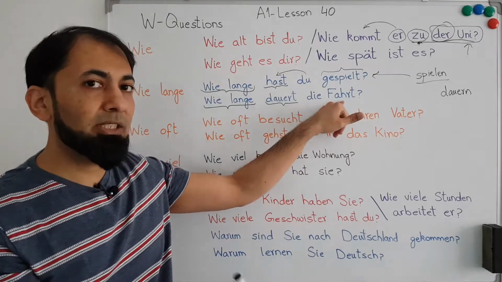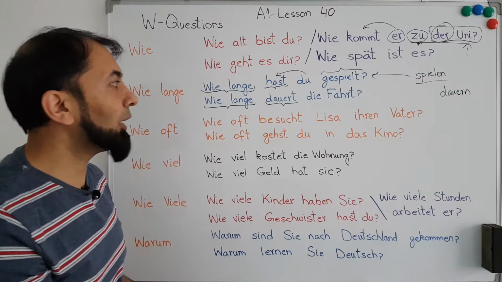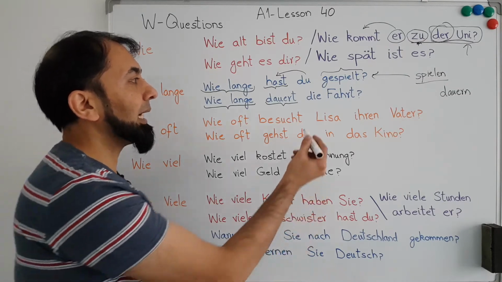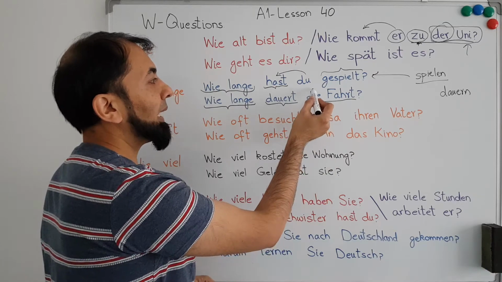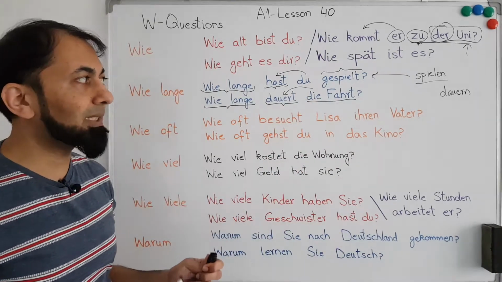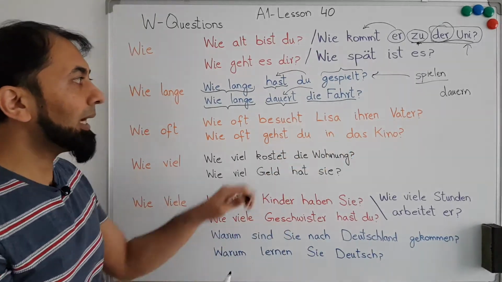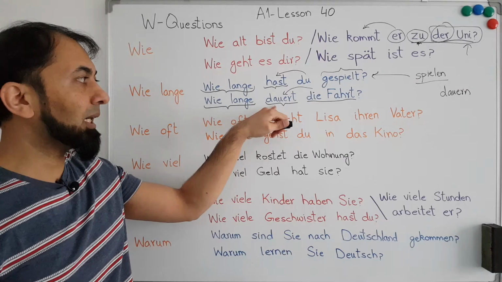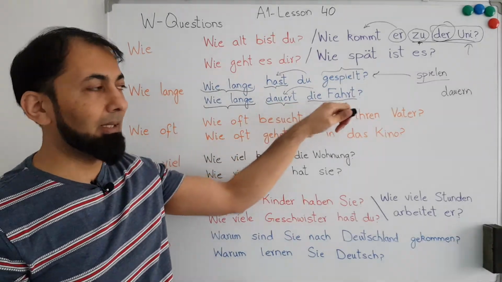Die Fahrt means journey or drive. Fahrt is a feminine noun and it will be considered as third person singular in this sentence, and we will conjugate the dauern verb according to the subject of the sentence, which is die Fahrt, and dauern will become dauert. Wie lange dauert die Fahrt?